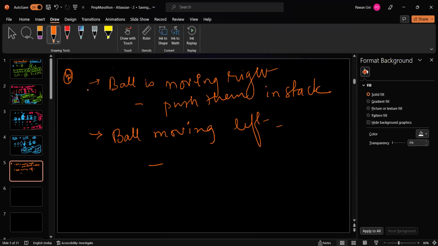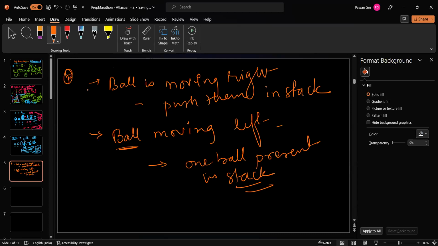Okay, so for collision, what is required? A ball which is moving right and which is present before this. So for collision, what do you need? You need at least one ball present in your stack which was moving right.